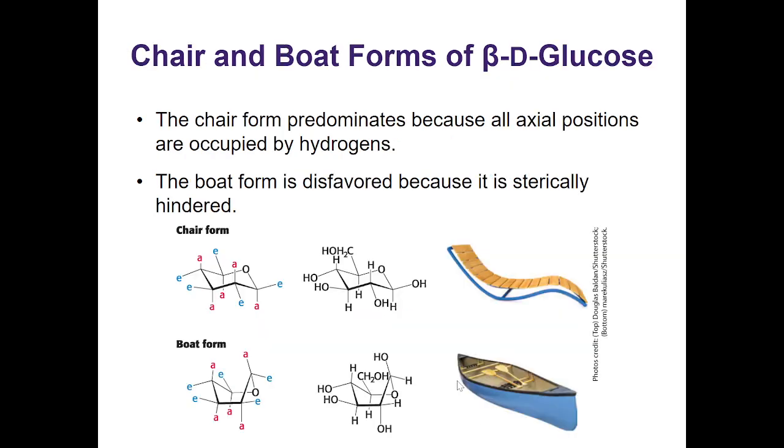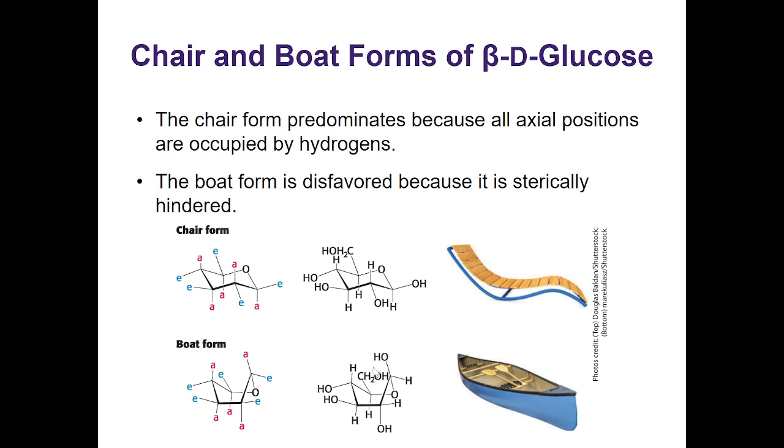Okay. These are the chair and boat forms of your beta-D glucose. We have the chair form that's going to predominate because all axial positions are occupied by hydrogens. You can see that here. The boat form is disfavored because you have a steric hindrance where you have axial OH overlapping with other things in the ring, right?